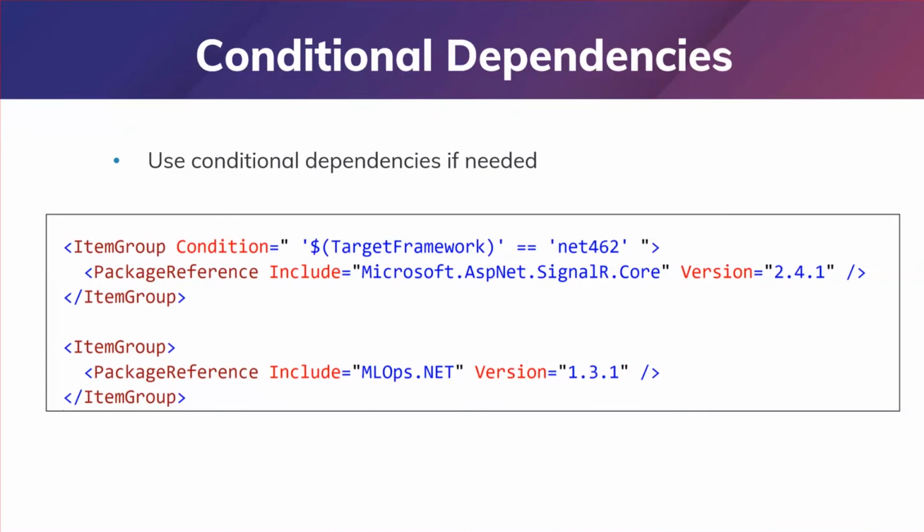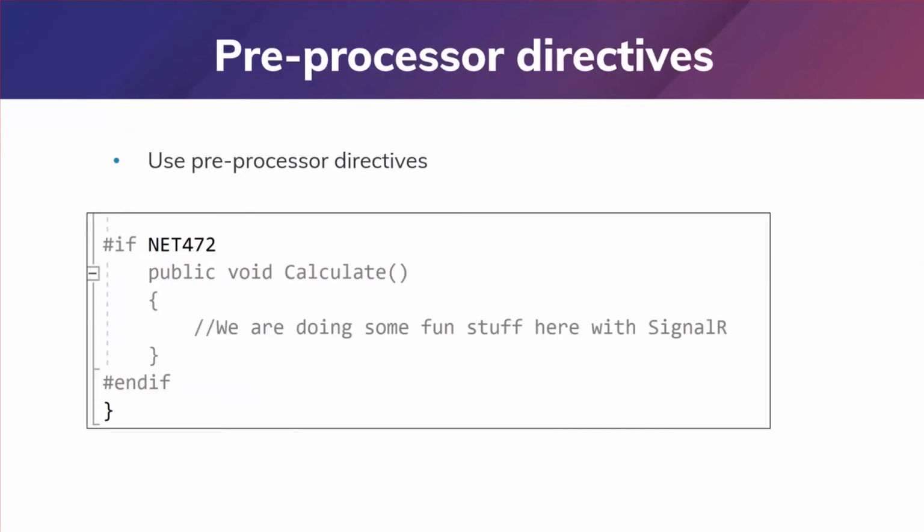So super useful. And hand in hand with conditional dependencies are preprocessor directives. For example, you may see this in your code sometimes where you have a hash and then if, and you can use that to say a certain part of your code should only compile if you are on a certain framework, for example .NET 4.7.2 or Core.